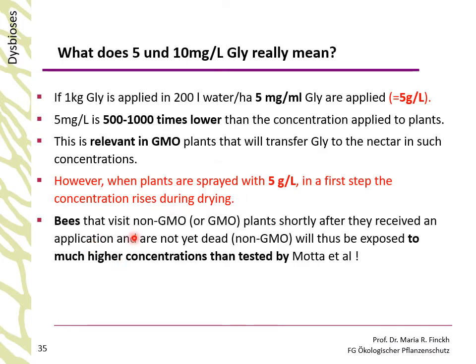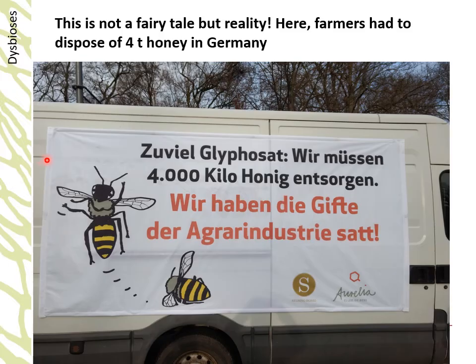So bees that visit non-GMO or GMO plants shortly after they received an application and are not yet dead, also the non-GMO don't die within no time, yeah? They will be exposed to much higher concentrations than tested by Motta et al. in the paper that I presented. And so we find this on demonstrations in Germany.